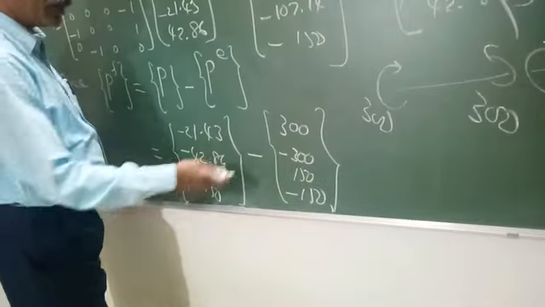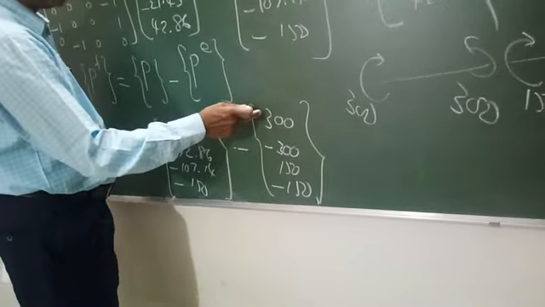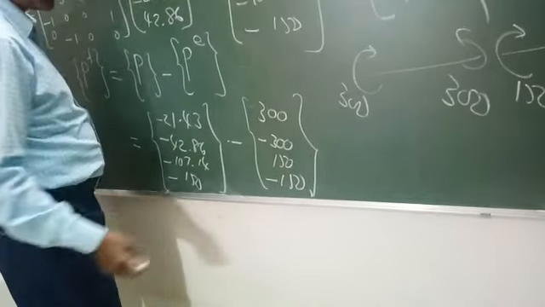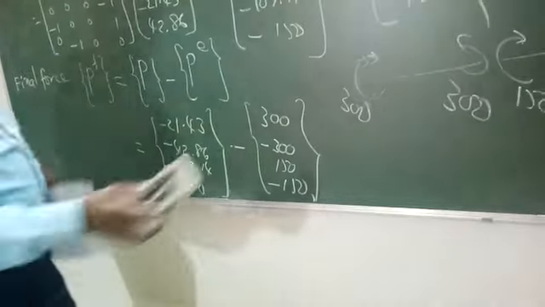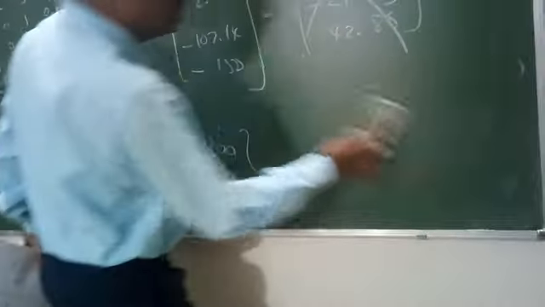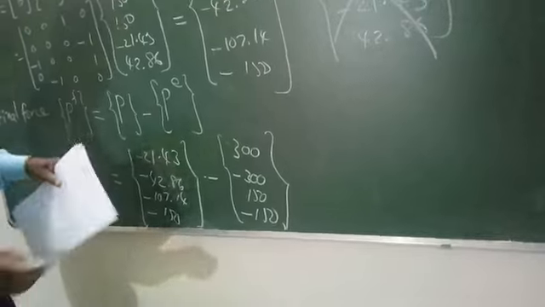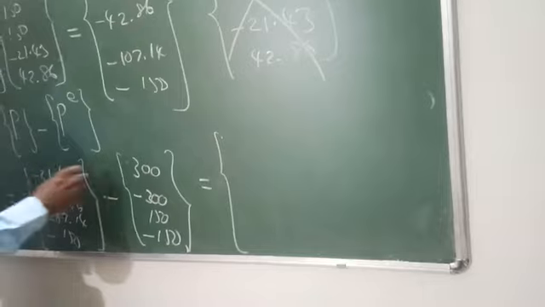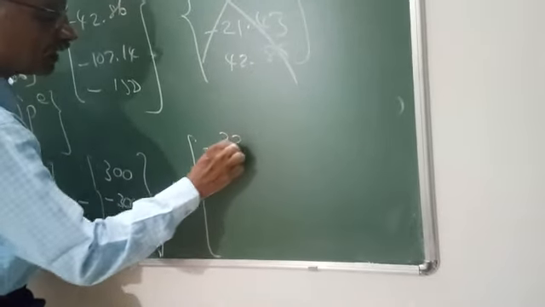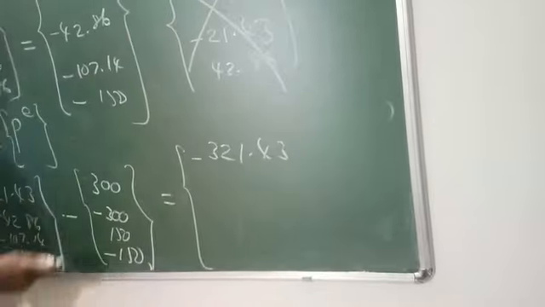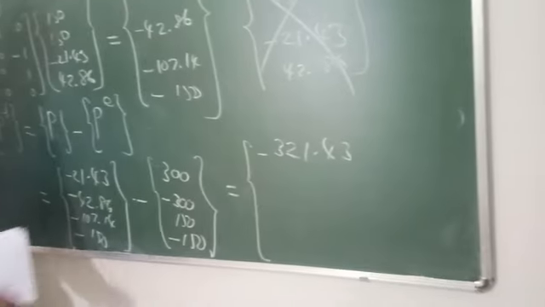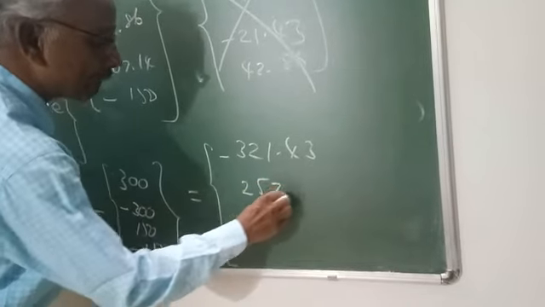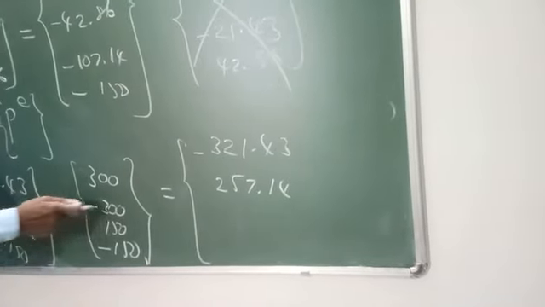Or what we can do is use a plus sign and write the fixed end moment, because we know the fixed end moment on the left hand is minus 300, so you can use the plus sign. That also can be done. So the sum of these two will give minus 321.43. Minus 321.43 minus 300, this is plus something, therefore 257.14, because minus and minus is plus.